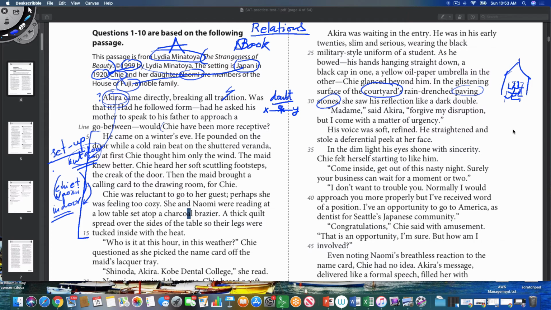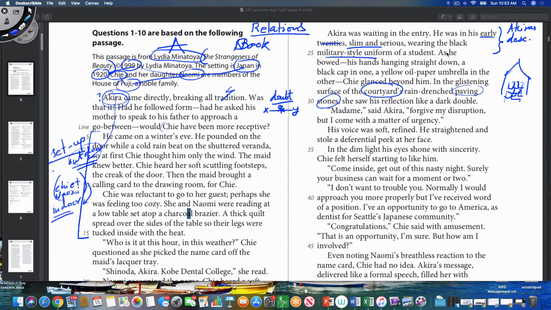So later on, if there was a question about, was the courtyard made of mud, or was it grass covered, or was it stone covered, you know where in the passage to go looking for it, right? Again, Akira was in his early 20s, slim, serious, wearing a black military style uniform. So this is Akira's description. So I would have something like this.